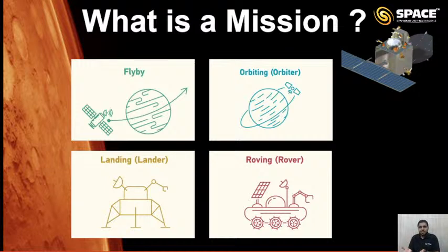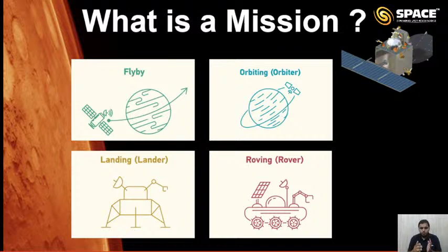So we came up with the next idea: instead of just flying by, we go to that planet or celestial body and start orbiting around it. In an orbiter mission, a spacecraft goes around a planet, keeps collecting data day and night, and stays there for a longer time, like 3 months, 4 months, 10 months, 12 months, or years.